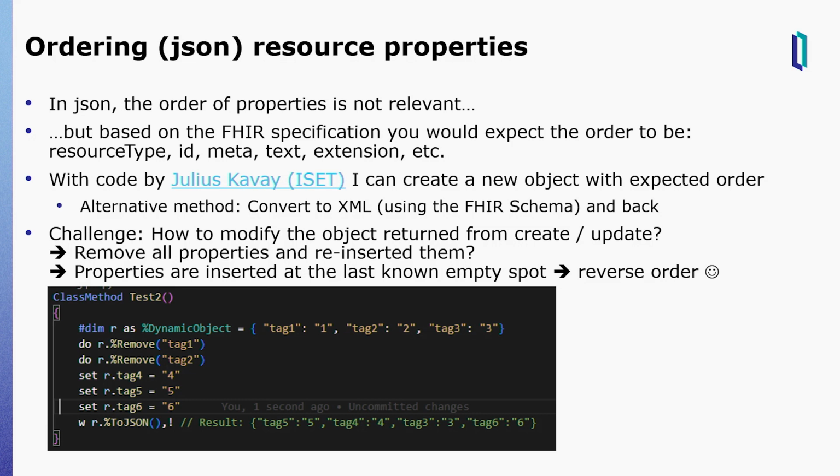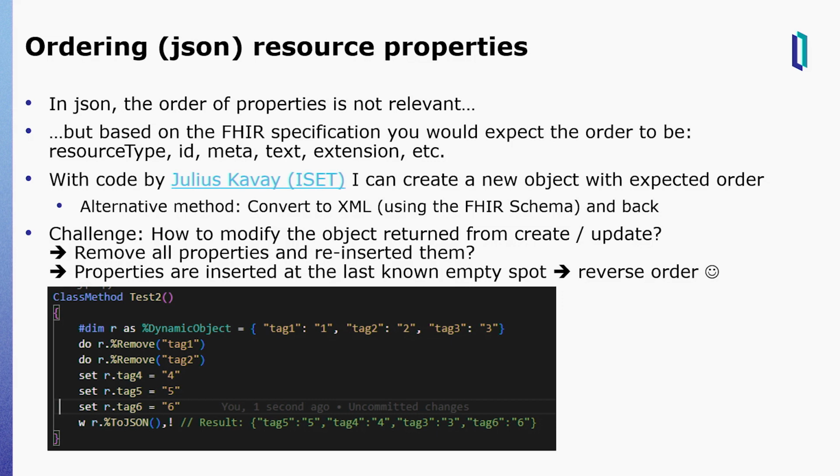I tried to remove the properties and reinsert them, and found out that I had ended up with a completely reversed set of properties. So the ID was again at the end, or resource type was even at the far end, right? And then it was kind of reversed. This has to do with the fact that when you use the dynamic object class and you insert a property after you have removed properties before, it will pick the last available slot.